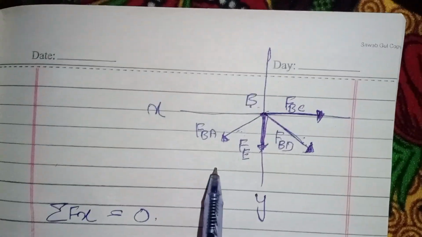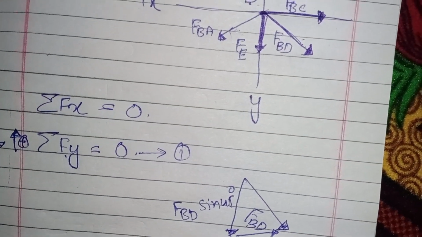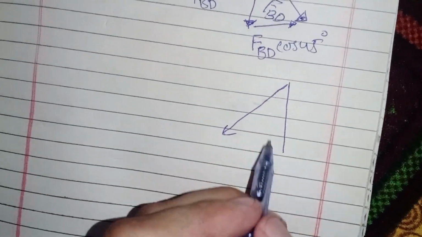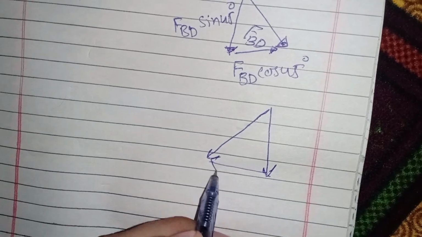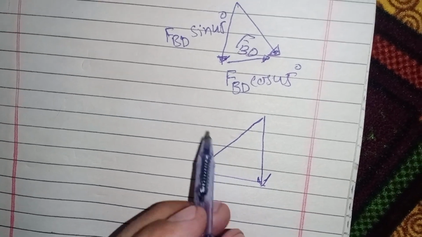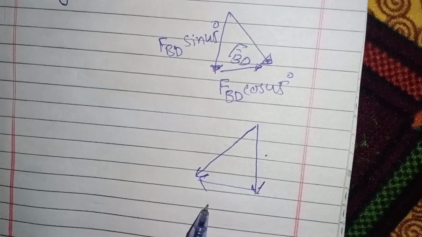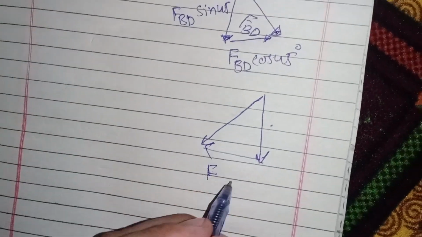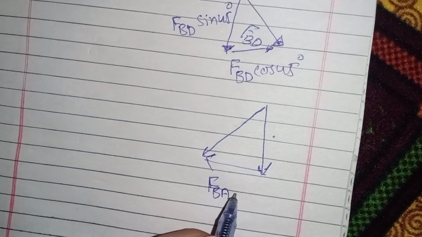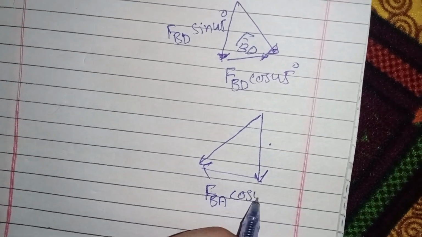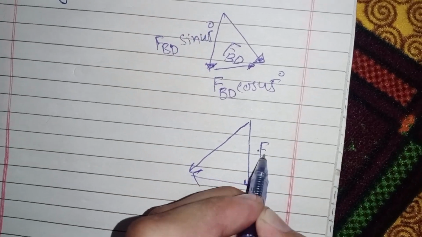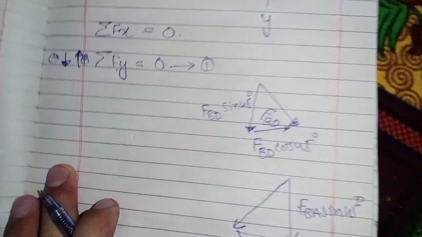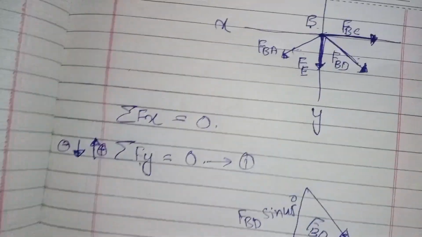Okay, and I also resolve this force into its components. This is my force, and this is its vertical component and this is its horizontal component. This is F_BA, F_BA cos 45, F_BA sin 45. It will be easy for me now.